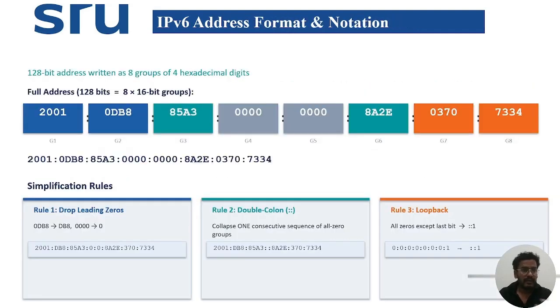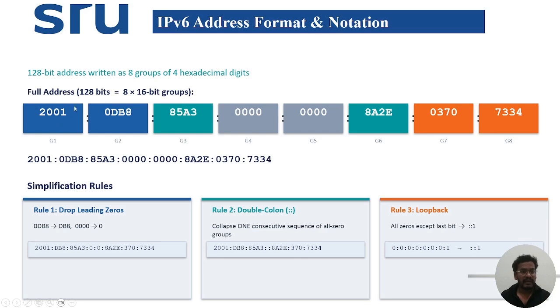So in that IPv6 addresses format and notation, how they were written. In the previous slide I discussed that it should be in hexadecimal format, which means numbers with letters.